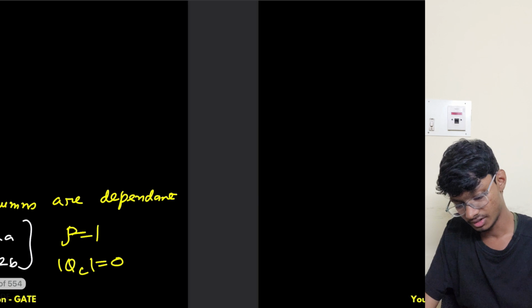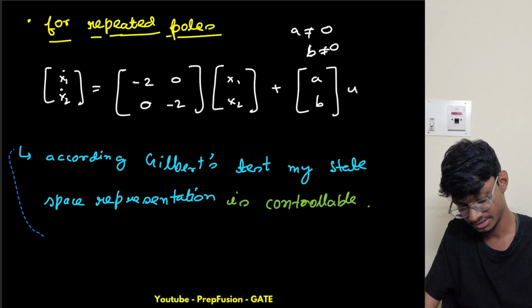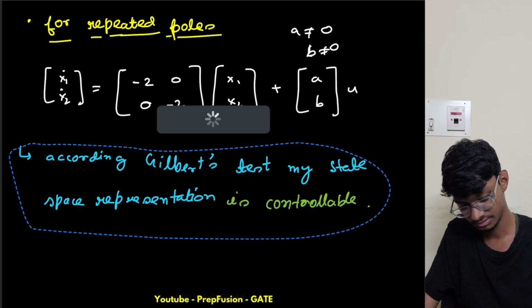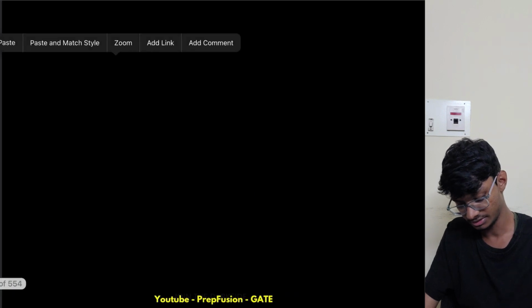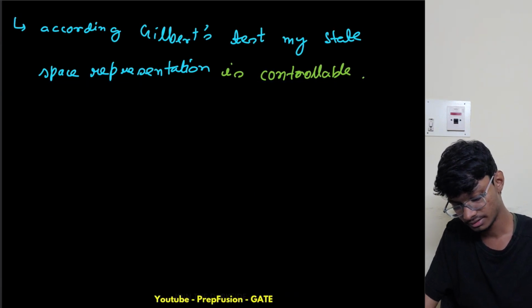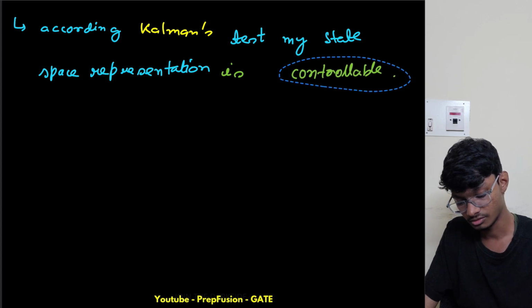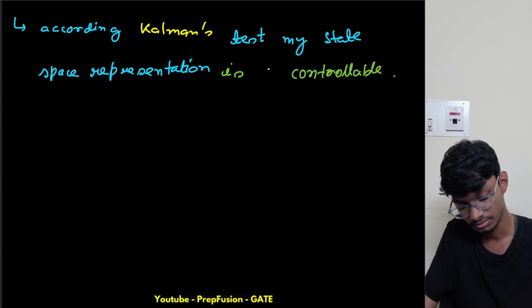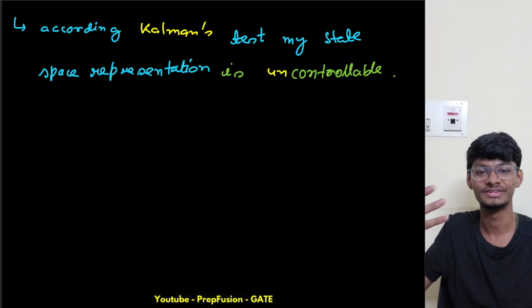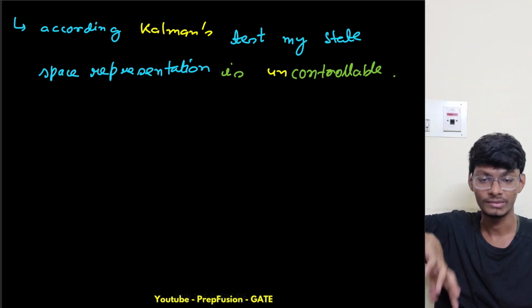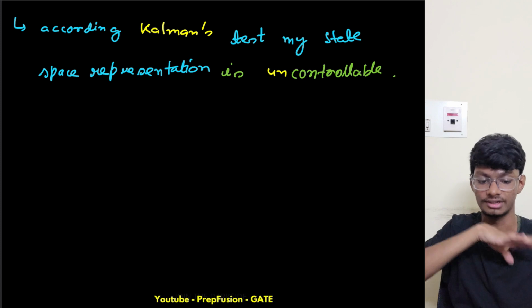I will change this statement a bit: it's not system, it's state space representation. According to Kalman's test, it is saying my system is uncontrollable. So which one is correct? I told you the answer already. Kalman's test is correct. For Gilbert's test, you have to check other conditions also.